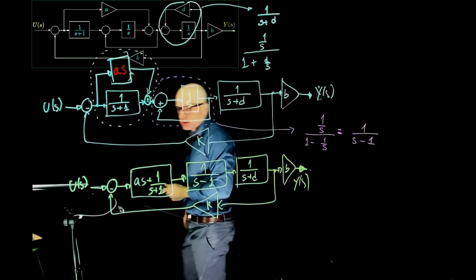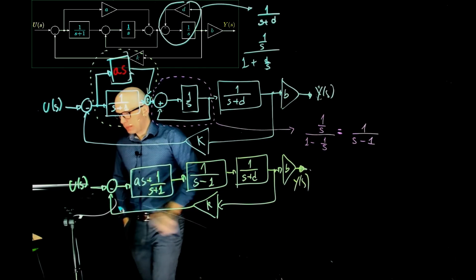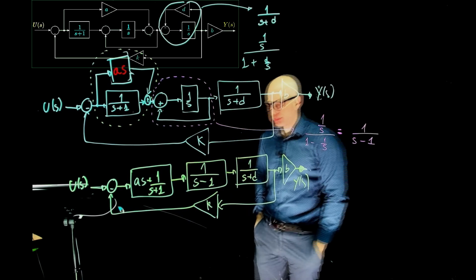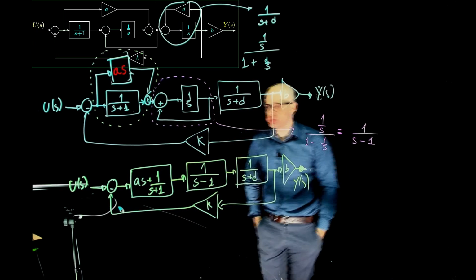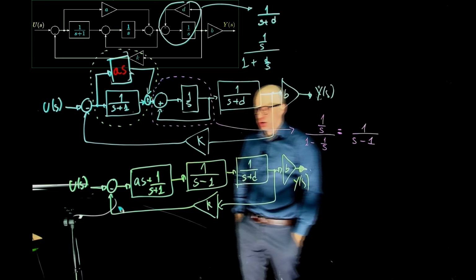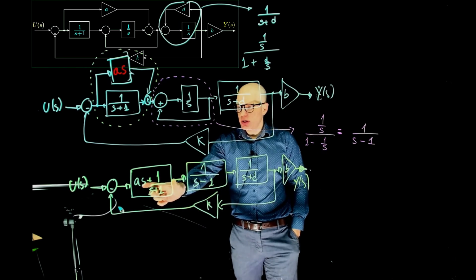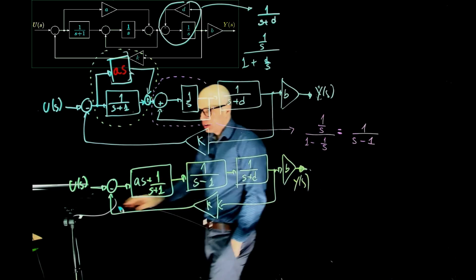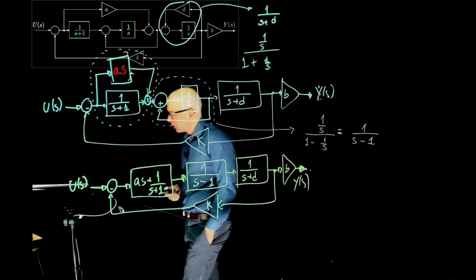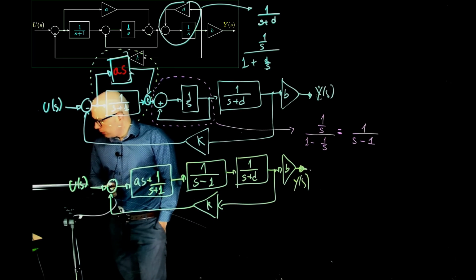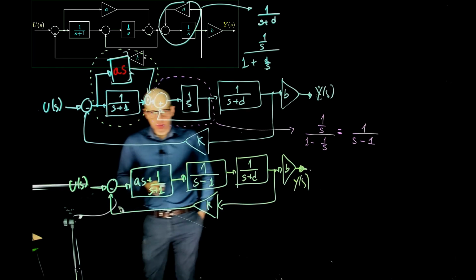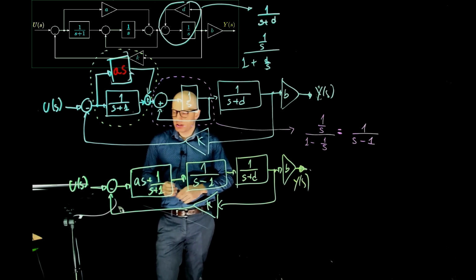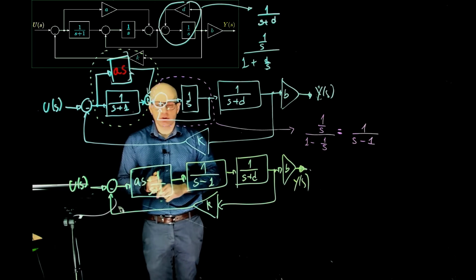What do we do next? Cascade, add all the transfer functions and then remove the feedback. Right. Now we are pretty much ready to go here. We can multiply all these blocks together and eliminate the feedback loop. What can we do in this case? We can maybe find the common denominator here.